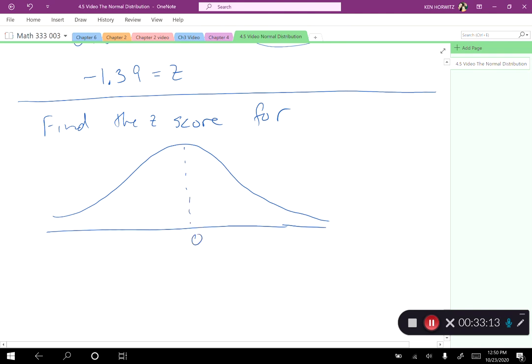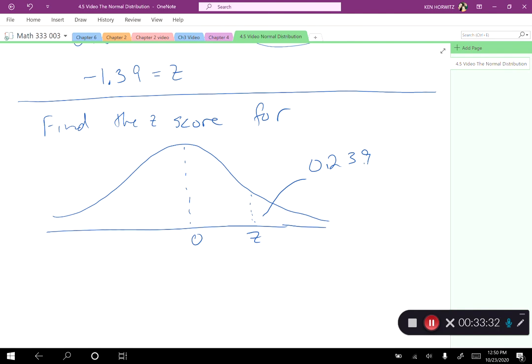There's 0. There's my z. And I'm going to say the area to the right is 0.239. All right. So for this one, I have the area to the right of my z.